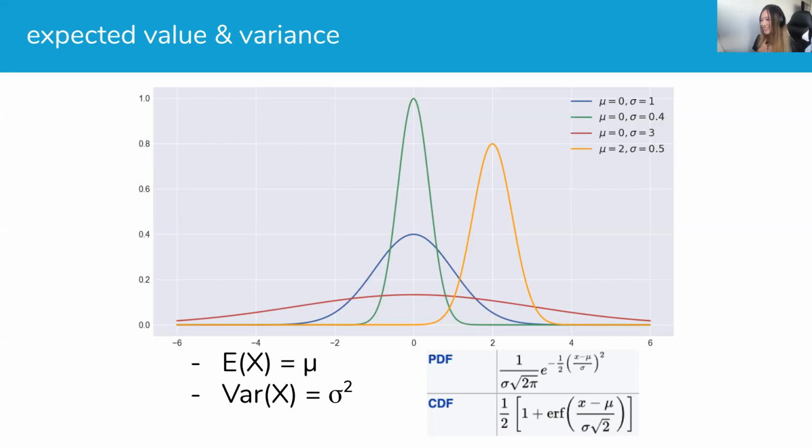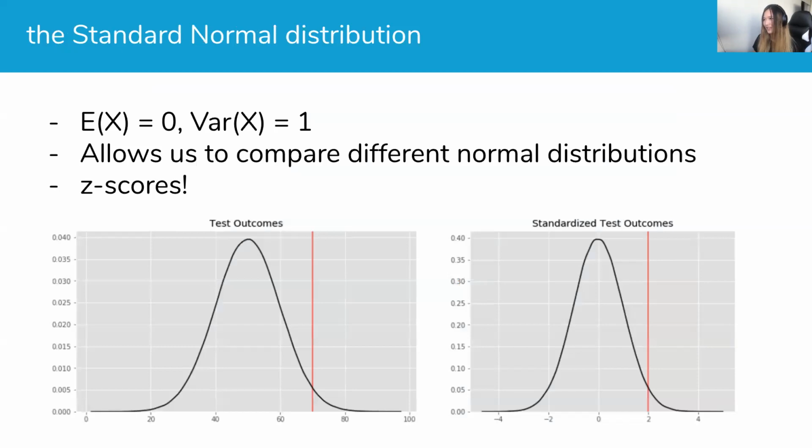Sound good? Okay. So we talked about normal distributions, but there is actually the standard normal distribution. We'll get into it when we talk about z-test next study group. The standard normal distribution is a very specific normal distribution that has the expected value of 0 and a variance of 1.